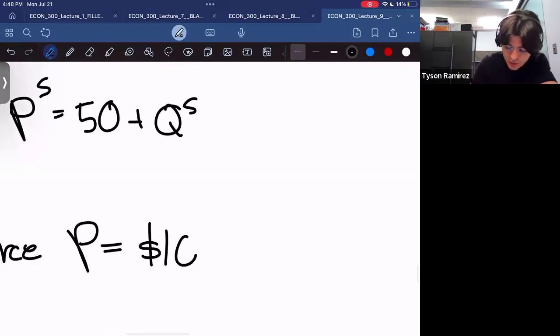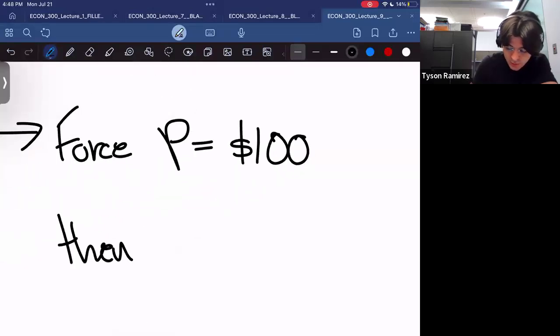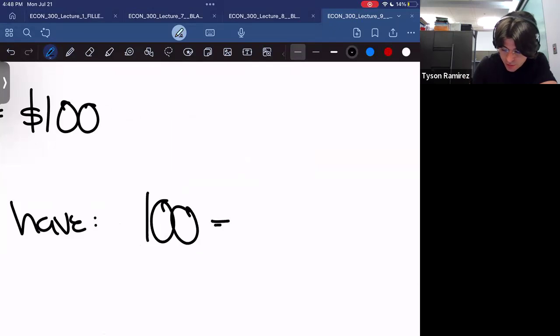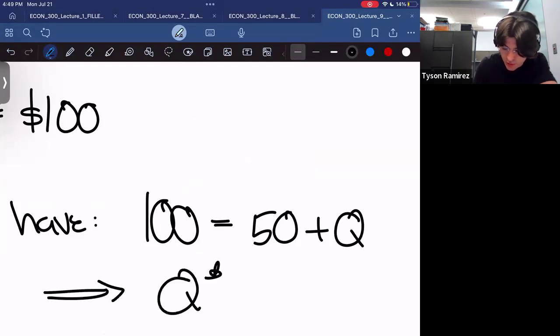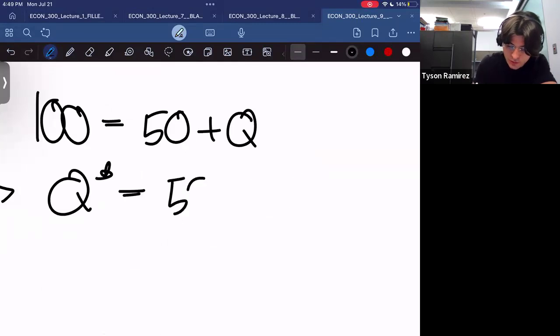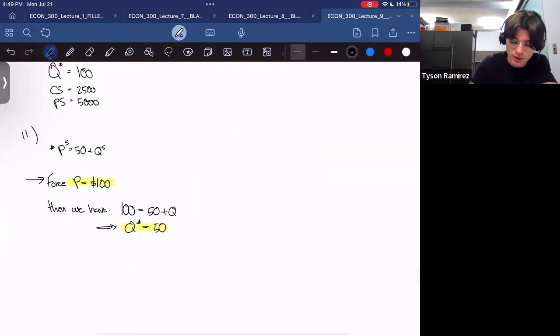So if we force price equal to 100, then we have 100 is equal to 50 plus Q. This must mean that Q star is equal to 50. So price is equal to 100 because we're capped at that, and Q star is equal to 50.